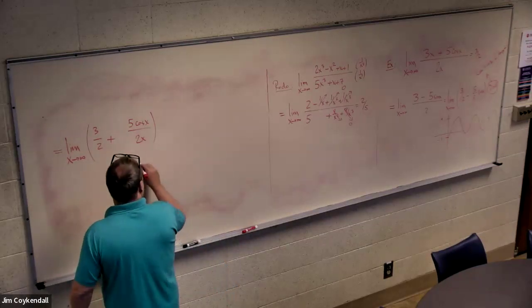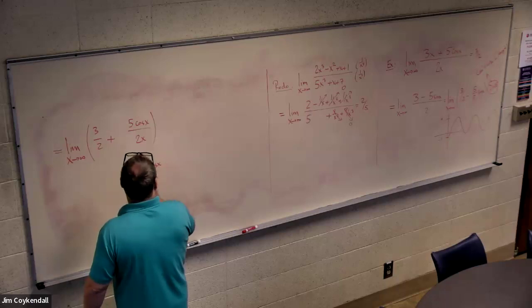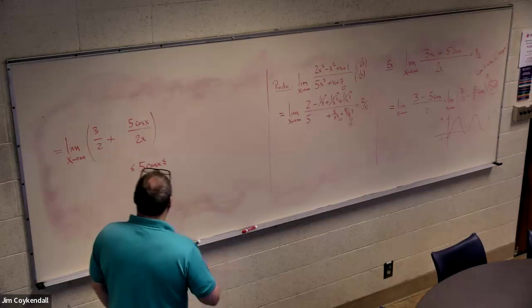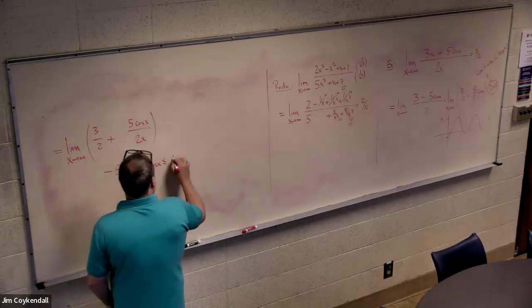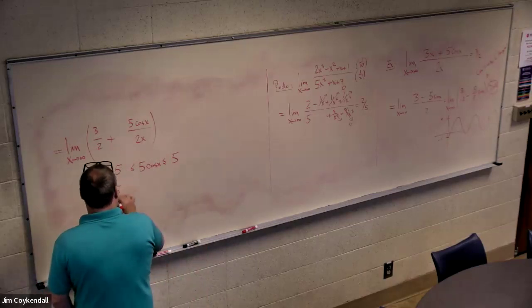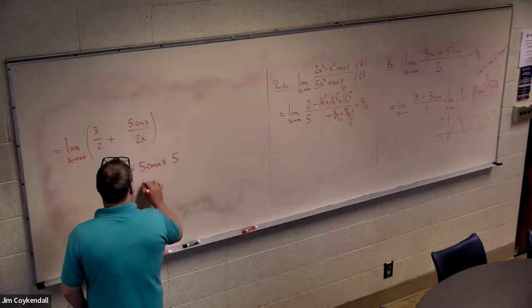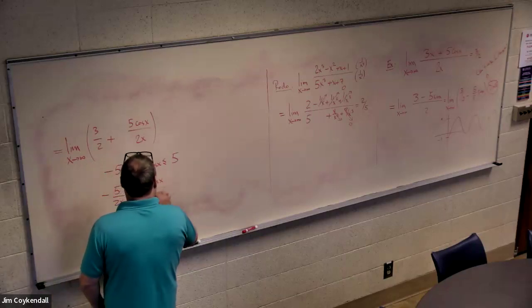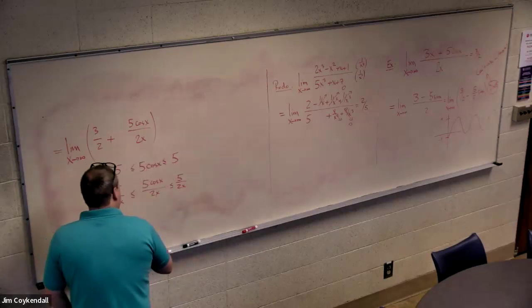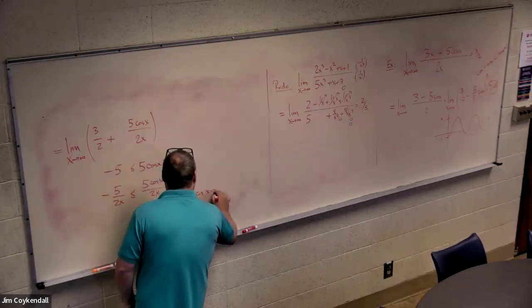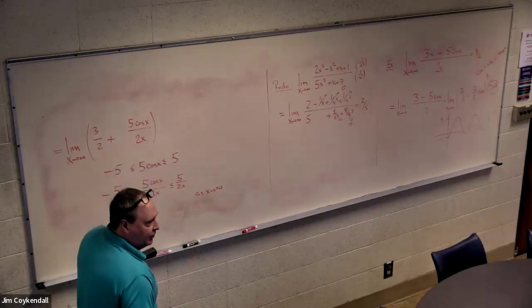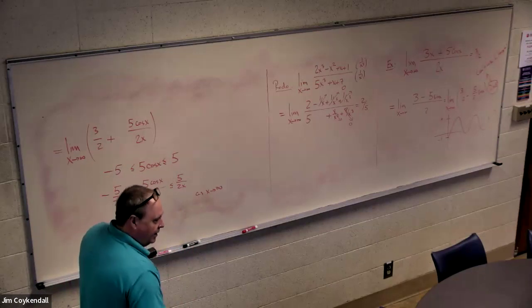Okay, so what do I know about 5 cosine x? What's it always between? Divide this by 2x. And as x goes to infinity, 5/2x goes to zero.